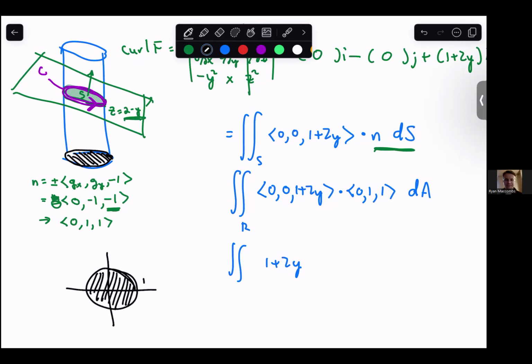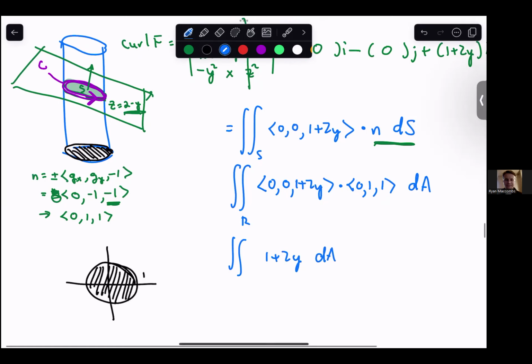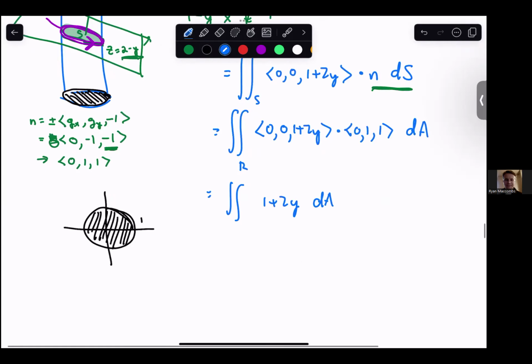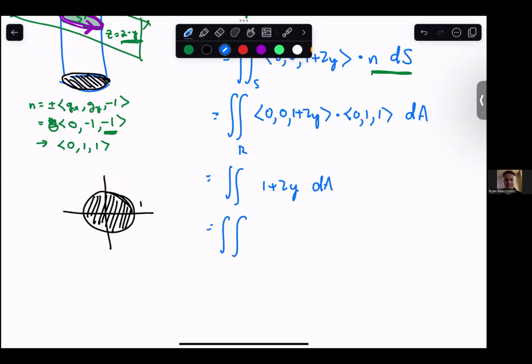And I can evaluate this just like I did back in chapter 15. I can either do y first, or x first, or I could decide on polar. Because this is inside of a circle of radius 1, I'm going to decide to use polar in this case. So let's start swapping to polar. I'm going to have 1 plus 2 r sine theta, dr d theta. r is going to range from 0 to 1.